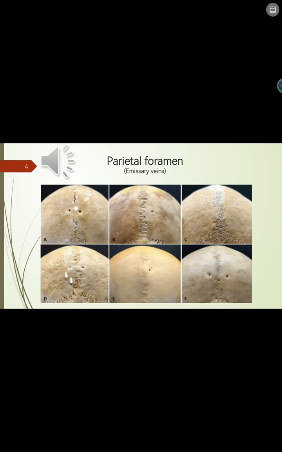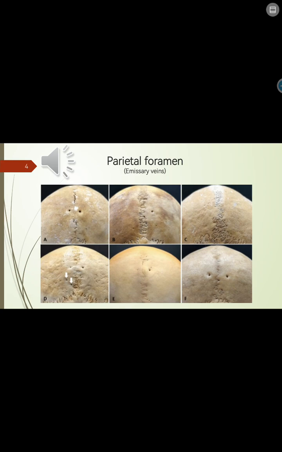In this slide, we can see the parietal foramen that transmits an emissary vein and connects the external surface of the skull to a cranial fossa. In these pictures, we can see the anatomical variations of this foramen.